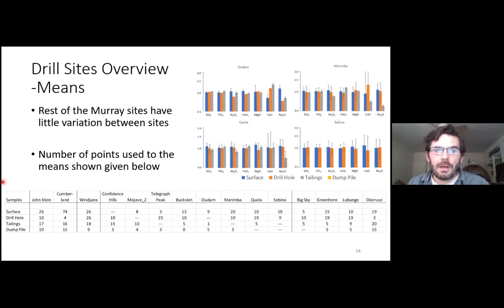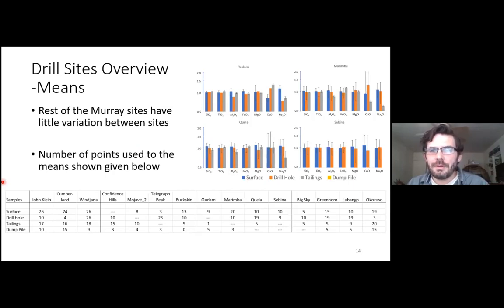Sometimes we have points where the instrument response wasn't exactly what we wanted, or accuracy wasn't great, so that's the reason you get some odd numbers throughout this. The sites at John Klein and Cumberland have much higher numbers of points because we were there a lot longer.